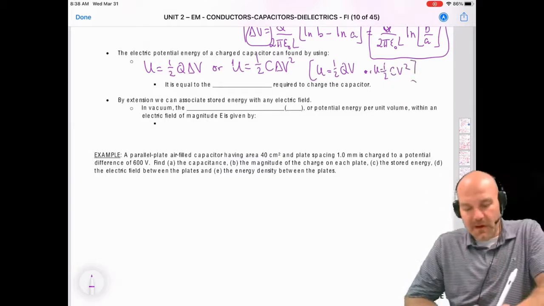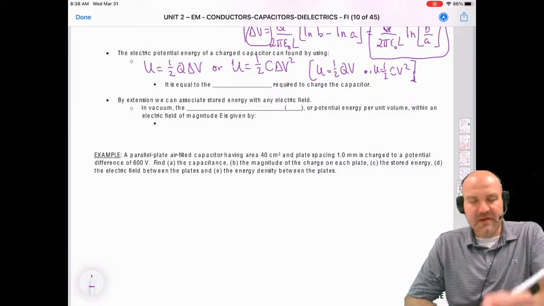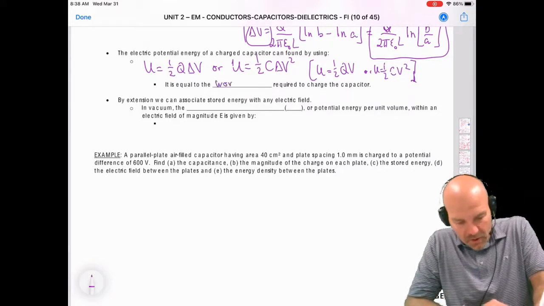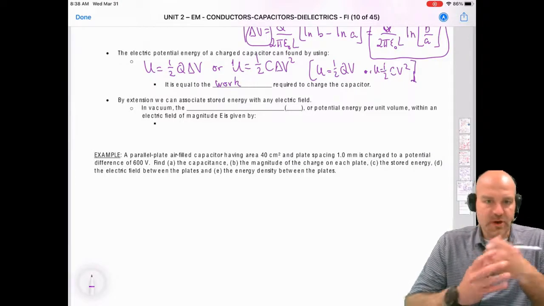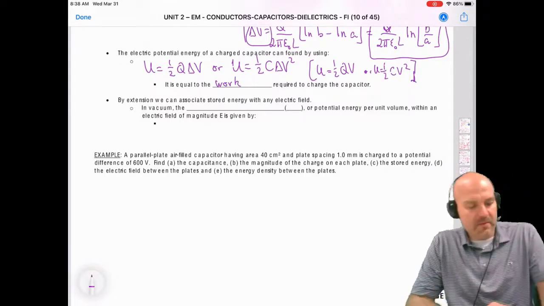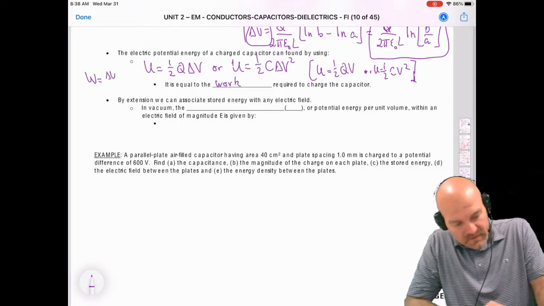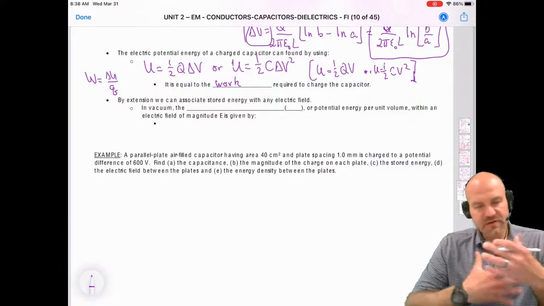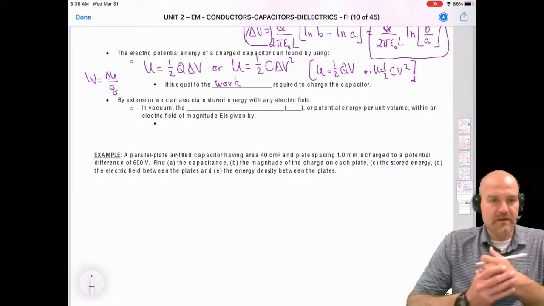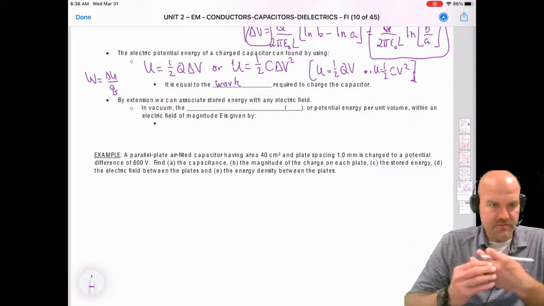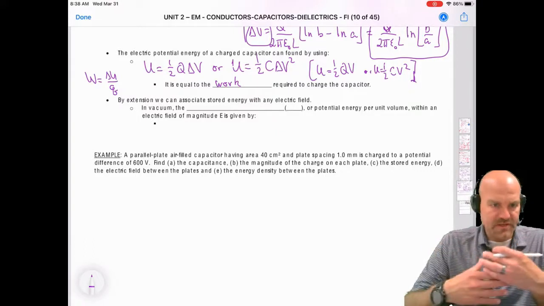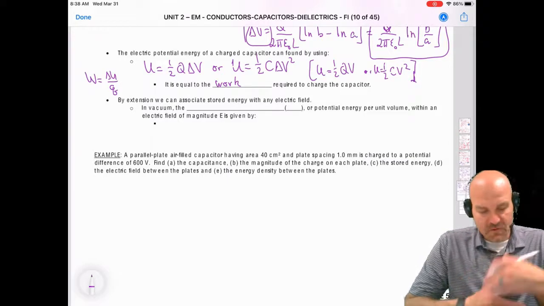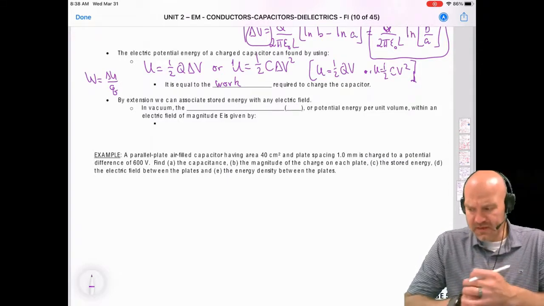When we talk about potential difference, that's why a lot of times we use delta V. Now, it is equal to the work required to charge the capacitor. And remember, work is delta U over Q. So there are all these things that you can do in determining your potential difference and or your electric potential energy and so forth. Now by extension, we can associate the stored energy with any electric field.